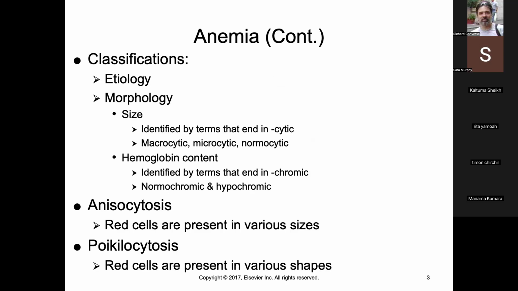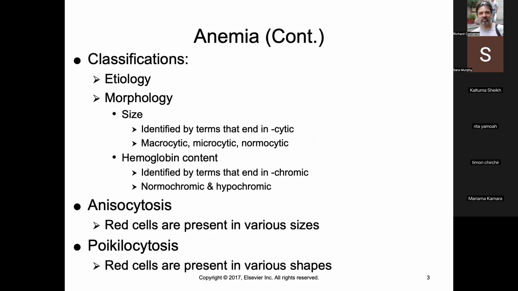So, there are classifications according to cause and classifications according to size and shape. Morphology is classification by size, identified by the terms that end in cytic, such as macrocytic, which are large cells, microcytic, which are small cells, normocytic, which have normal size.